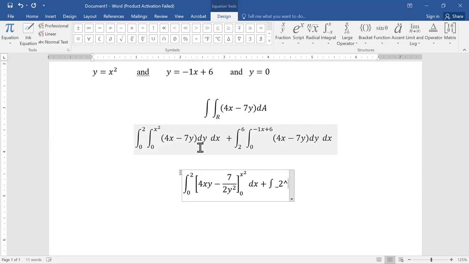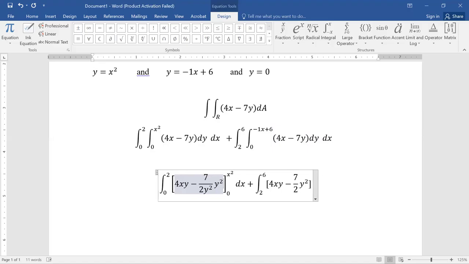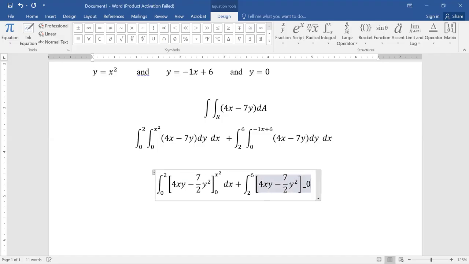In the second one, I'm going to get that exact same thing, 4xy minus 7 halves times y squared, going from 0 up to negative 1x plus 6.